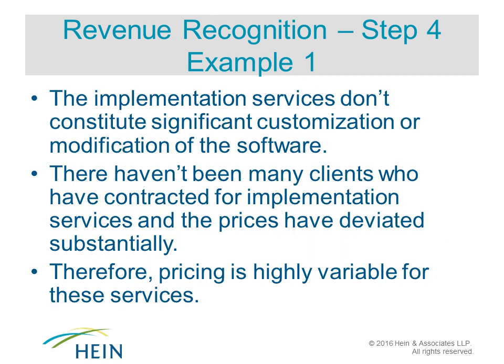The implementation services don't constitute significant customization or modification. There haven't been many clients who have contracted for these services, and when they have, they've deviated substantially. Therefore, the pricing is considered highly variable for these services.